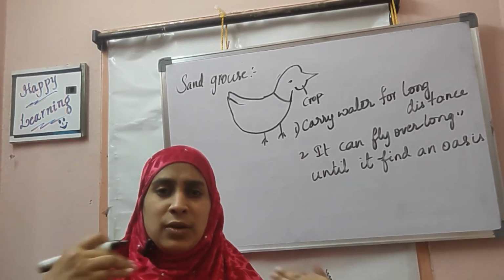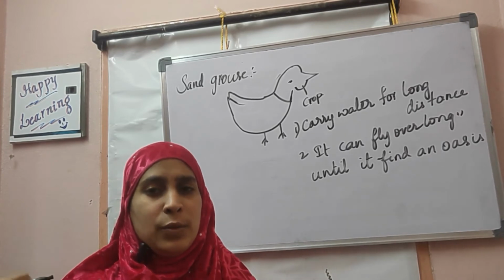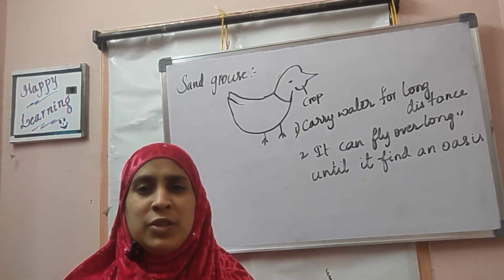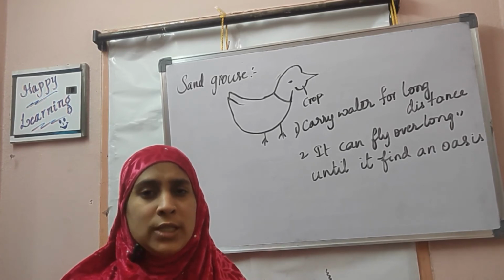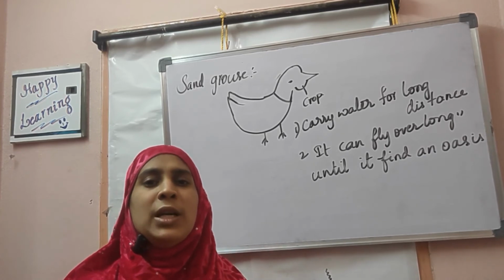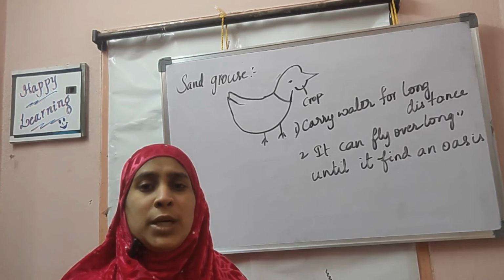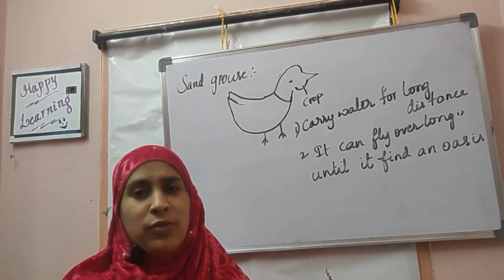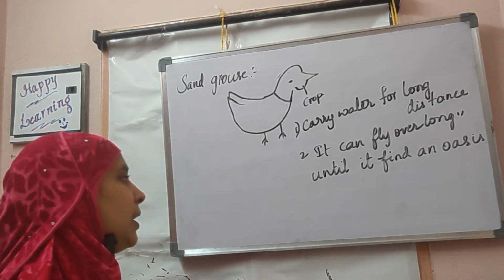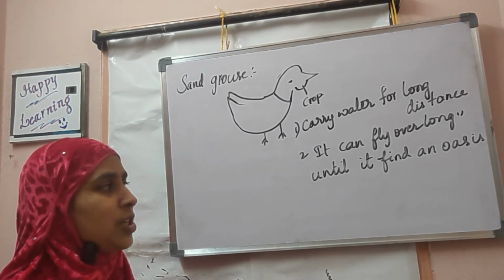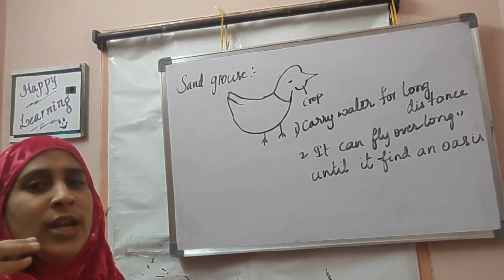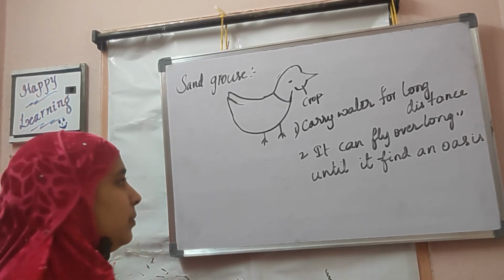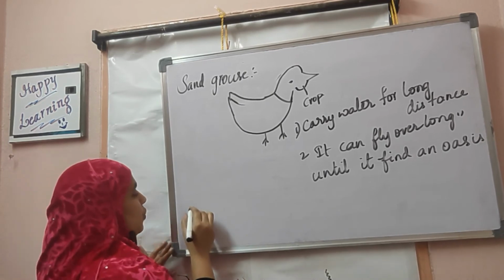After some time, their wings get tired and they need time to rest. Sometimes if they have to fly over long distances, like when a river or an ocean is in the middle, birds die because they cannot gather energy to keep on flying. But this bird can fly to larger distances as long as it finds an oasis to carry water. It keeps on flying. That is a specialty of the sand grouse.